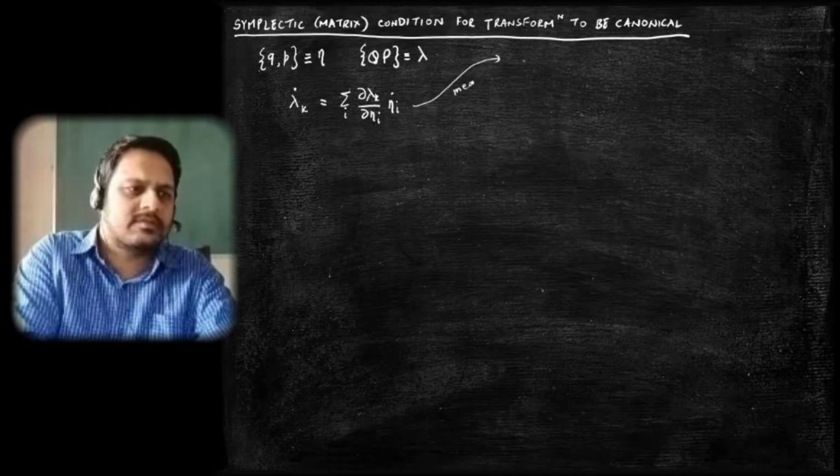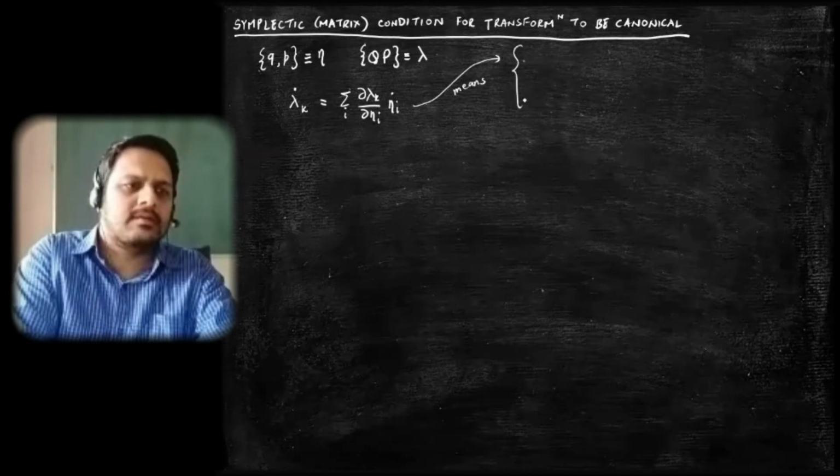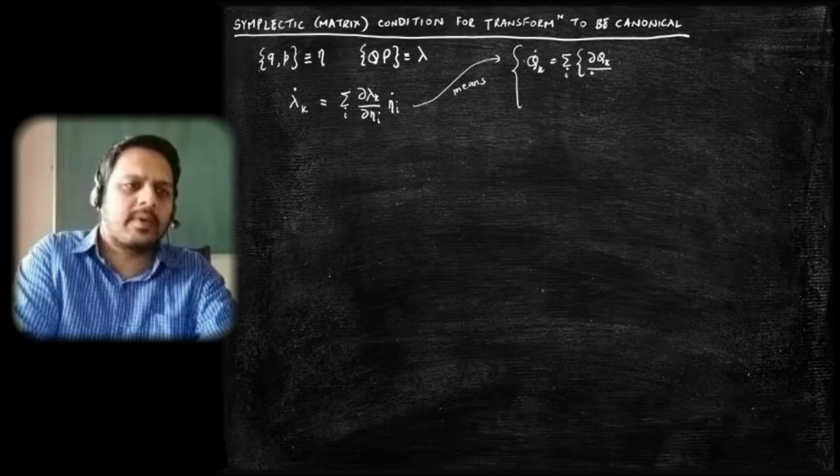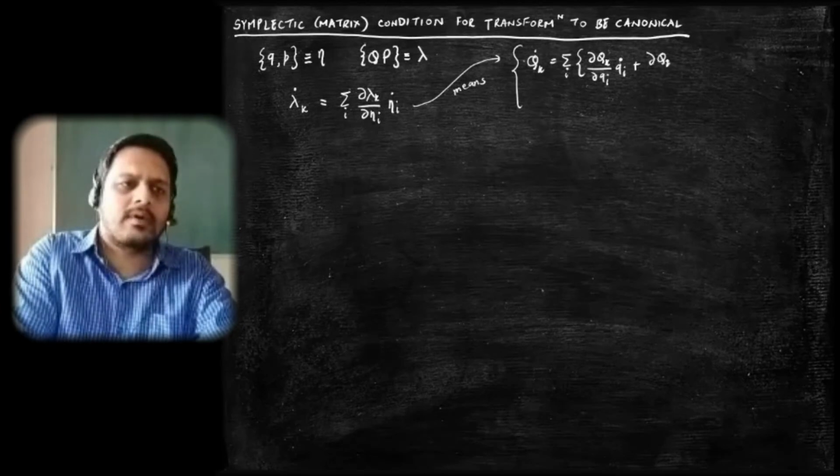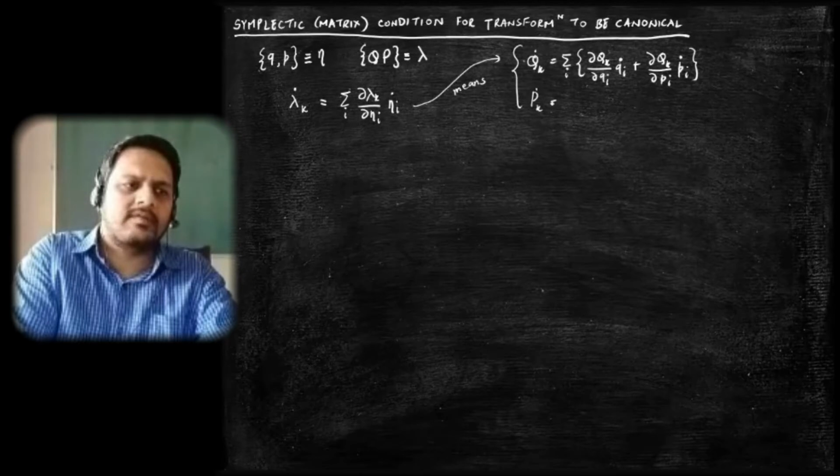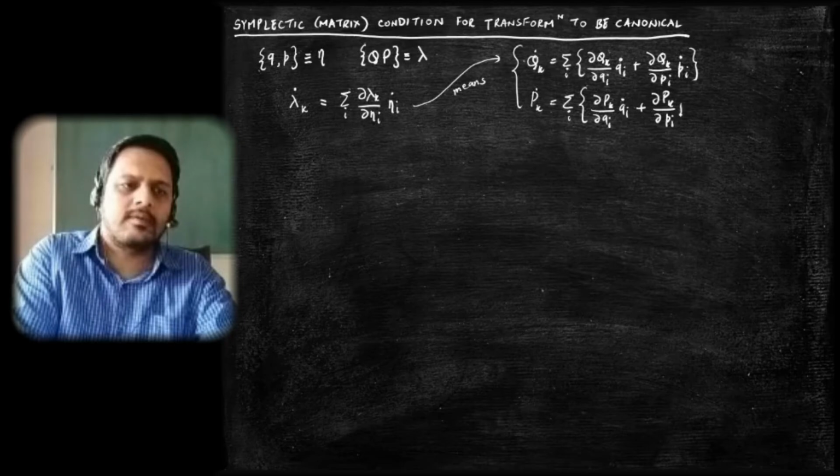What this means is basically Q k dot is summation over i of del Q k by del q i times q i dot plus del Q k by del p i times p i dot, and P k dot is summation over i of del P k by del q i times q i dot plus del P k by del p i times p i dot.